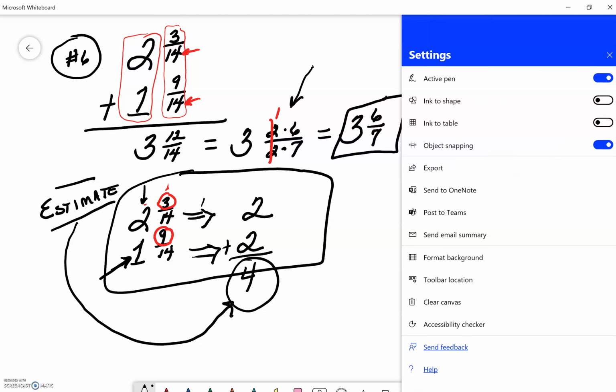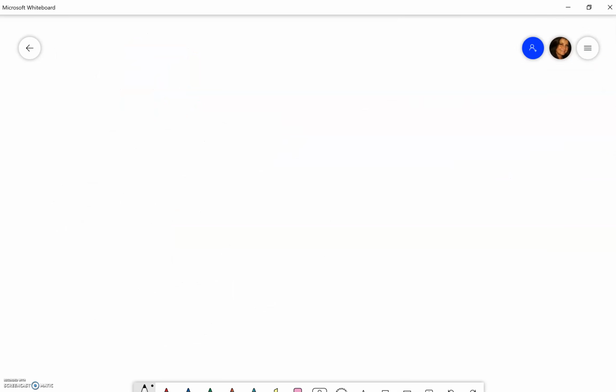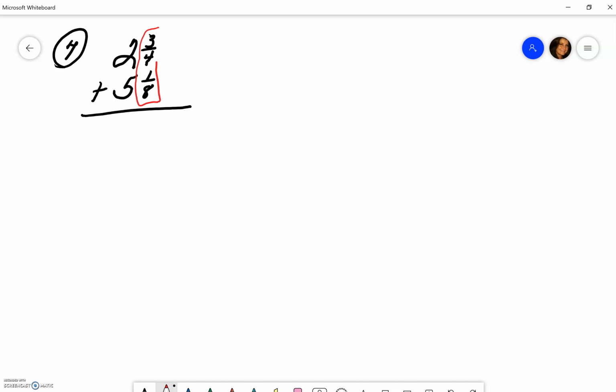All right, let's move over to number 7. Number 7 is 2 3/4, and we're going to add that to 5 1/8. Again, the same process: you're going to be adding these fractions, and then you're going to add your whole numbers. But if you notice, these do not have the same denominator.